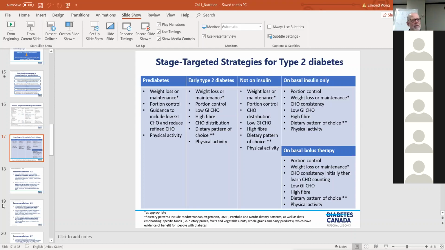I just want you to understand it: 10 isn't the ratio. The ratio is 1 to 10, because we're talking one unit of insulin to 10 grams of carbohydrate. Good questions.